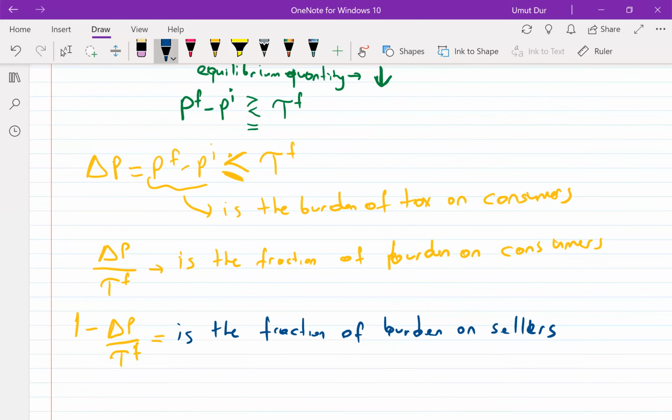If you do the math here, you will have minus delta P over tau.